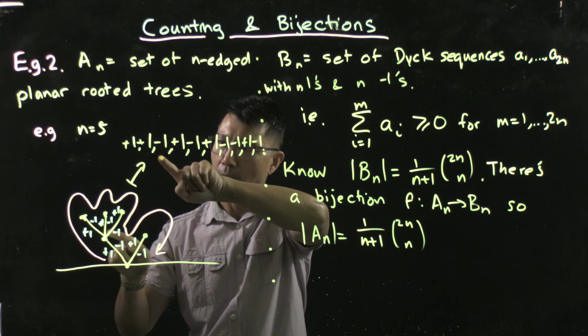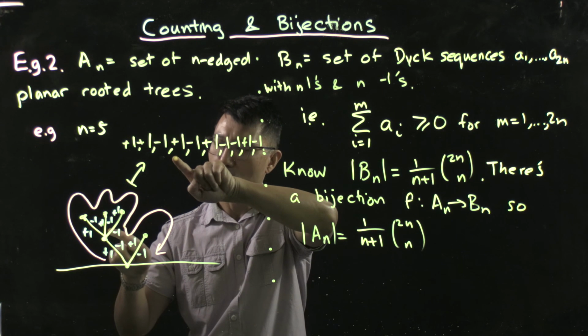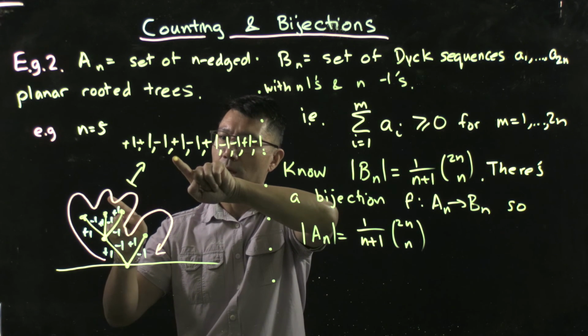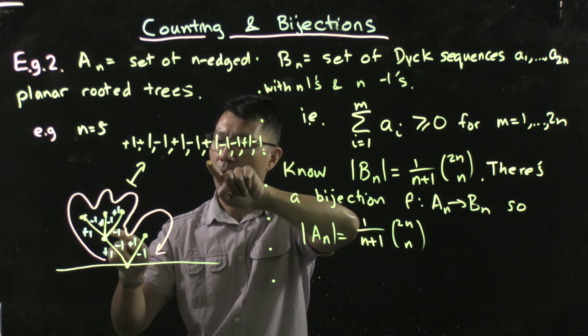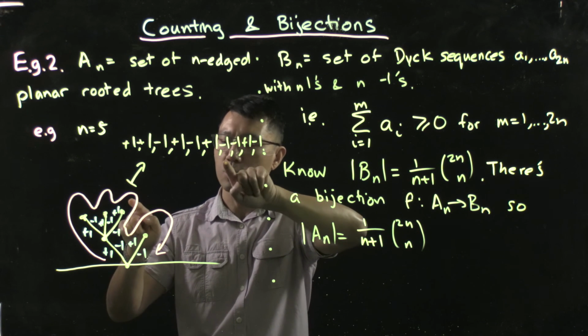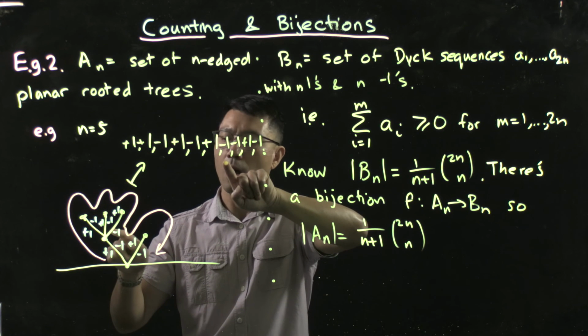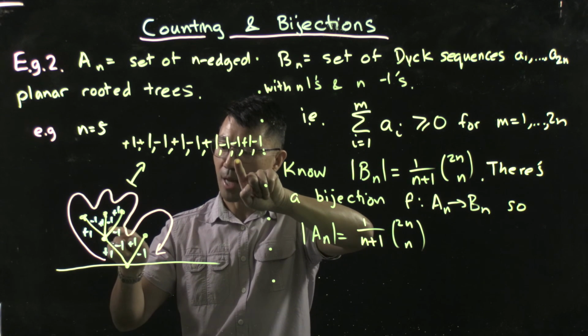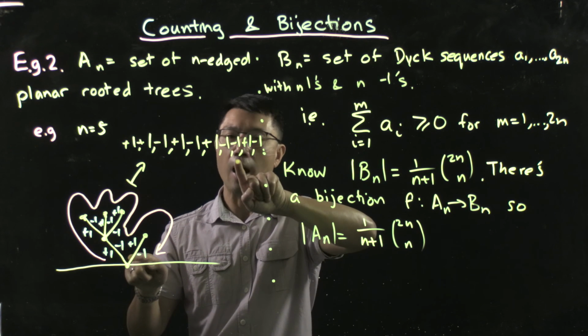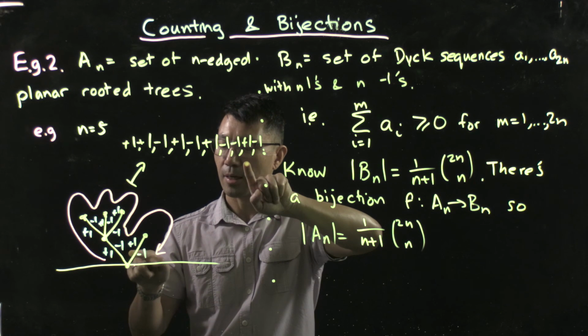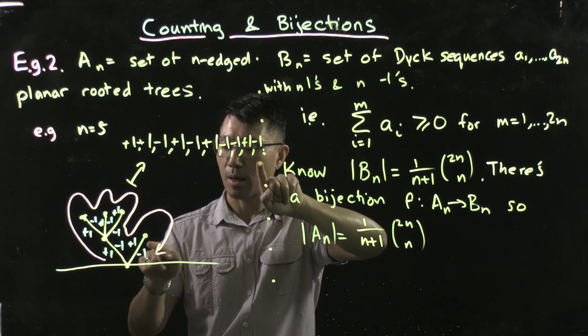You come back here, and then when you see a +1, you sprout up again. You see a -1, we come back down to that previous vertex. See a +1, we go up. -1, we go down. -1 here means that we go back further down to level 0.